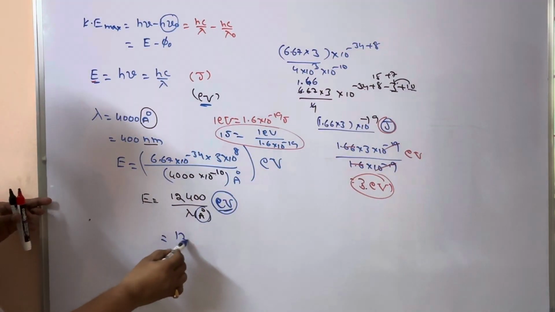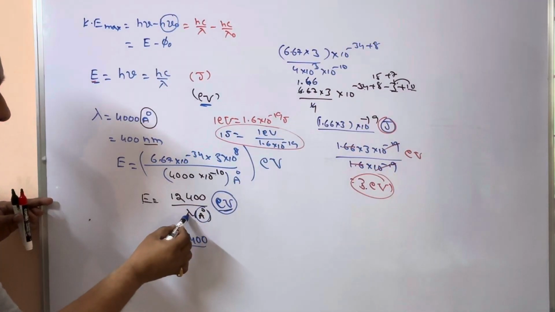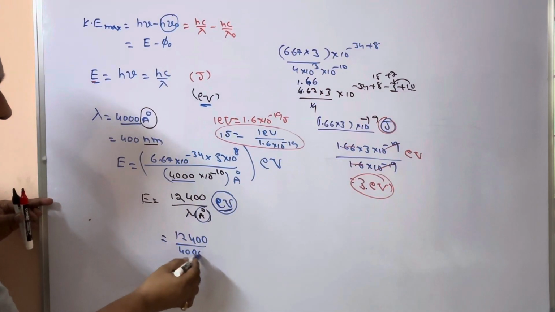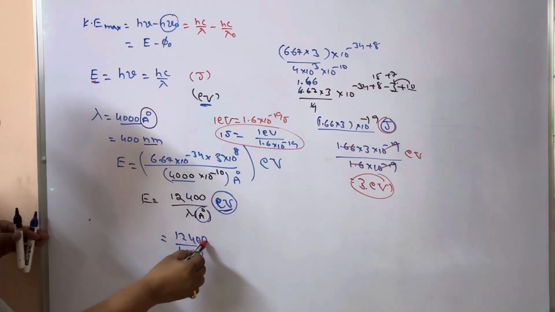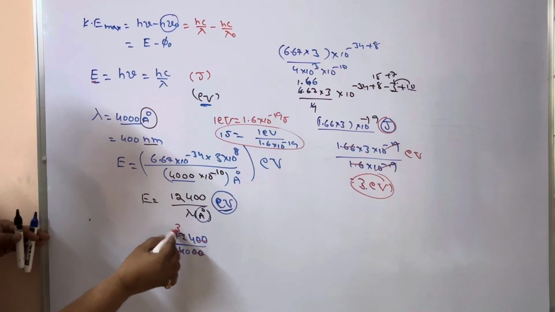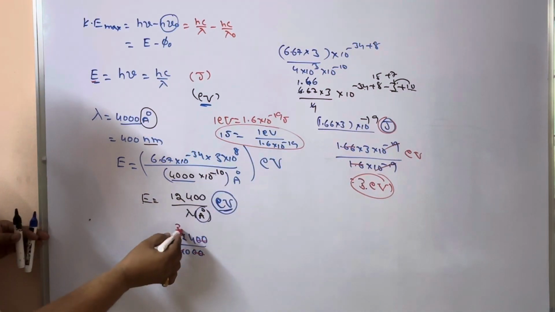How you will get it, we will see. 12,400 by lambda, they gave 4,000 angstroms. Cancel these two zeros, and 4 will be cancelled. 3 4s, already you are getting 3.